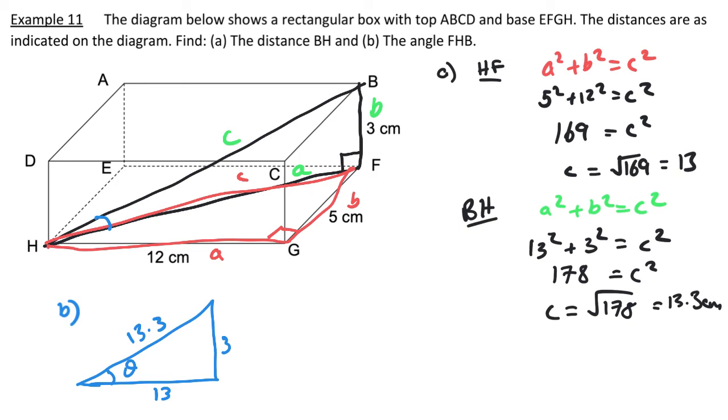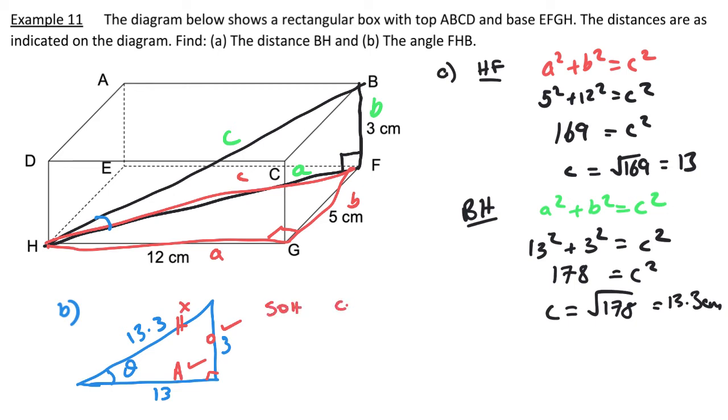We can use any trigonometric ratio, but let's label the sides first of all: the hypotenuse, the opposite, and the adjacent. Because our hypotenuse of 13.3 mightn't be as accurate, because we've rounded it to 1 decimal place, it might be better to use the opposite and the adjacent.